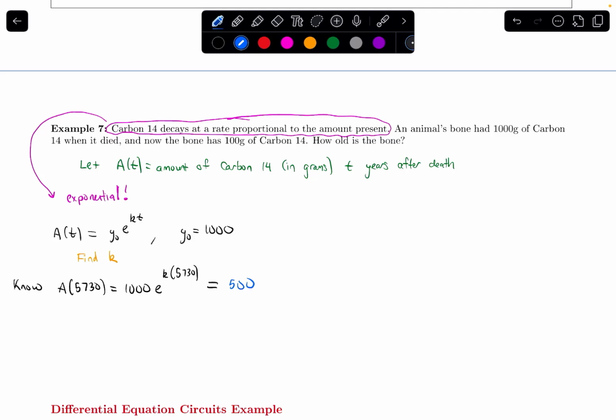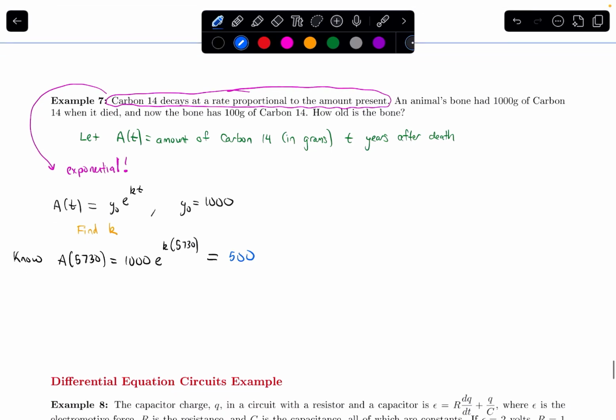So if we simplify this, let me just make a note of this. This is half of what we started with. All right, so I can divide the 1,000 over. So that gives me e to the 5,730k equals, if I divide 1,000, I'm left with 1/2 there. And now I can convert this to log form.